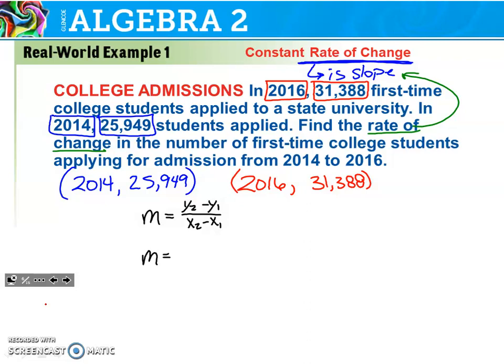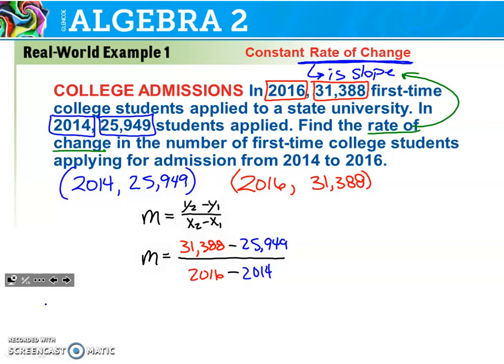m equals 31,388 minus 25,949 over 2016 minus 2014.